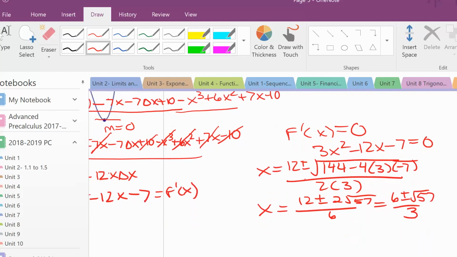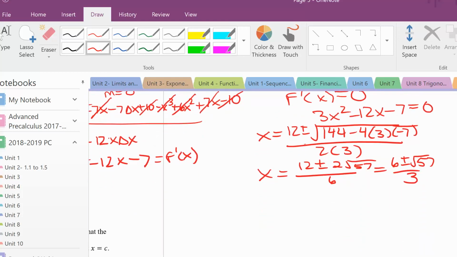So when you put in 6 plus radical 57 over 3 and 6 minus radical 57 over 3, those will give you either the maximum or minimum.